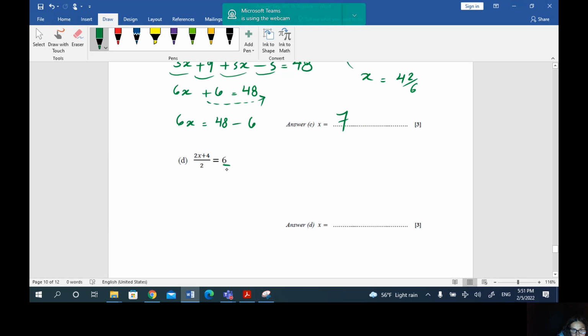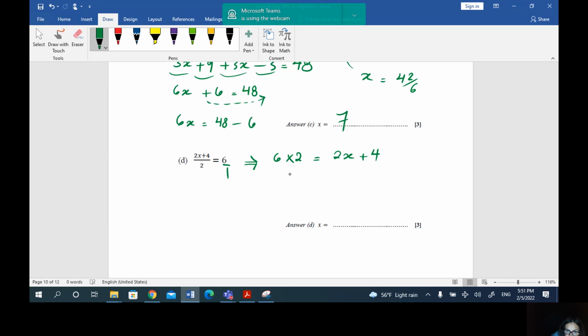Here we are going again to cross multiply. So it will be 6 times 2 is equal to 2x plus 4. Why? Because anything multiplied by 1 is equal to itself. So 2x plus 4 times 1, it will stay as 2x plus 4.